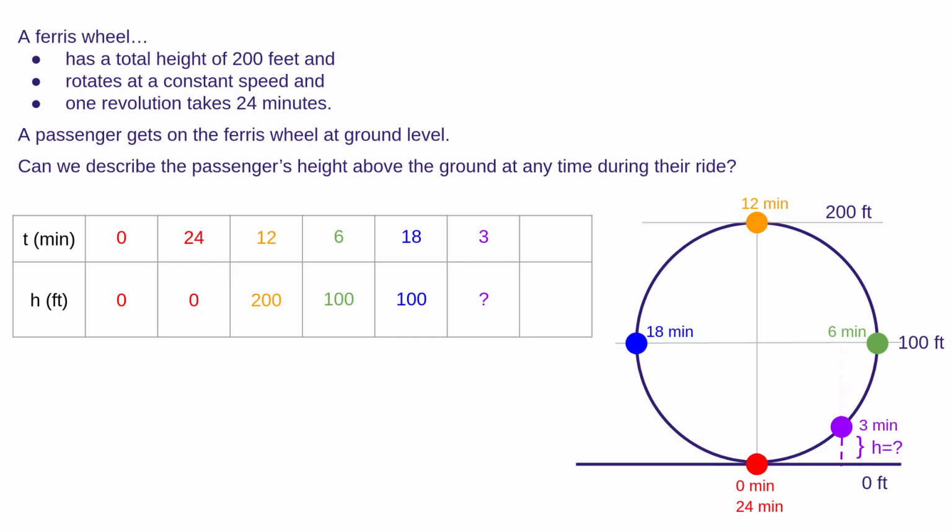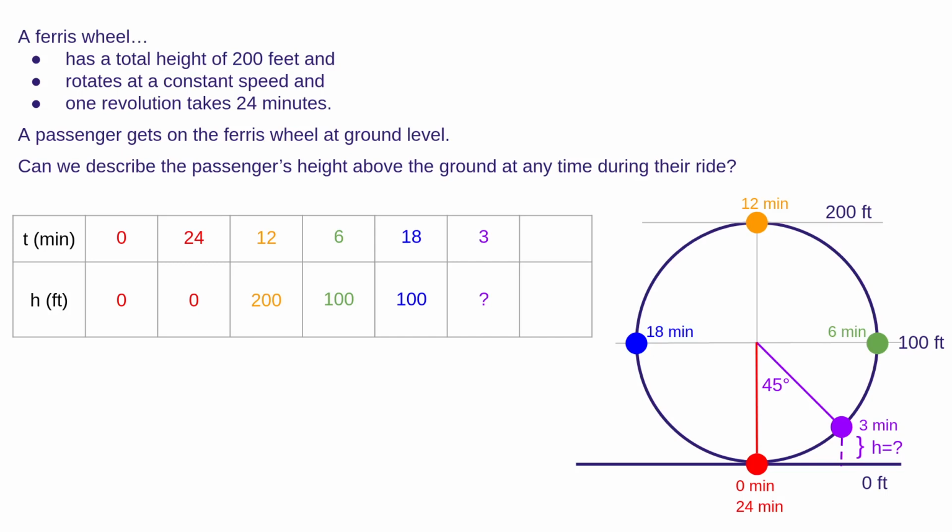And the other thing that drawing that showed us is that it's actually really not obvious what that height is. And so we will need to do a little bit more mathematics to figure it out. But I can take advantage of one thing, which is that there is a sense in which the passenger at this time is halfway to 6 minutes, and that sense is rotationally.